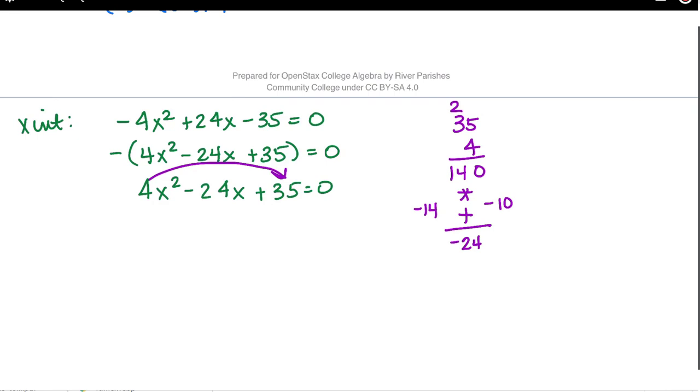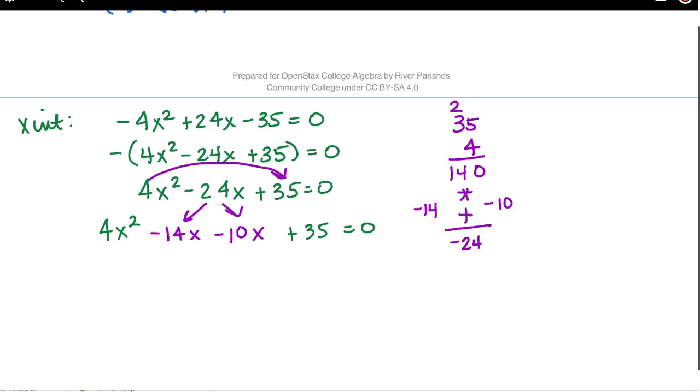So I'm going to rewrite this as 4x squared, and then instead of the negative 24, I'm going to replace it with negative 14x minus 10x.